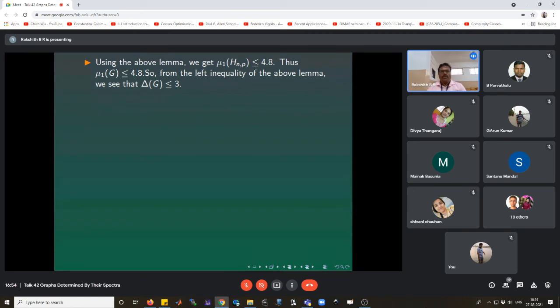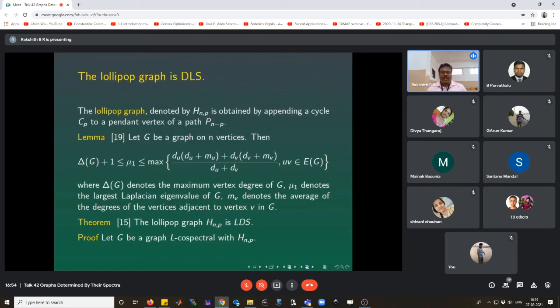So what are the possibilities now? G can have a vertex of degree 1, a vertex of degree 2, or a vertex of degree 3. It cannot have a vertex of degree 0 because the lollipop graph is connected, and since the number of components is also determined by the Laplacian spectrum, G is also connected.